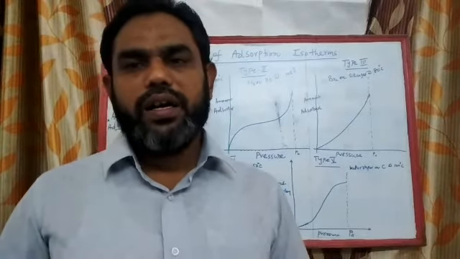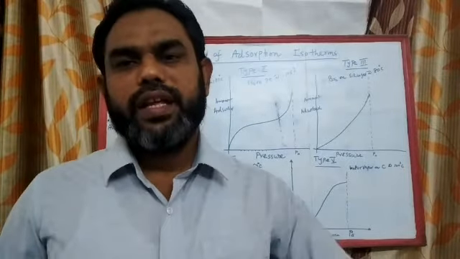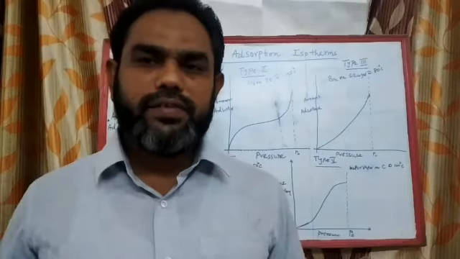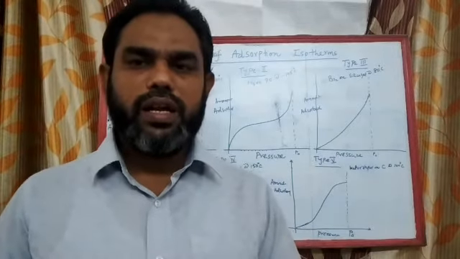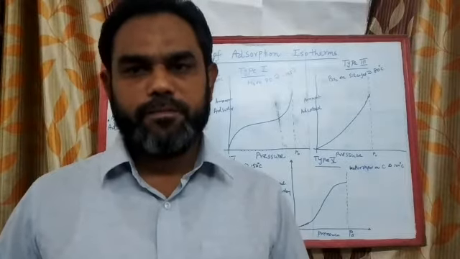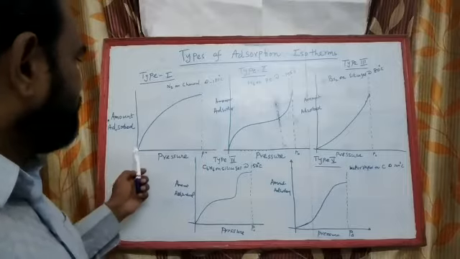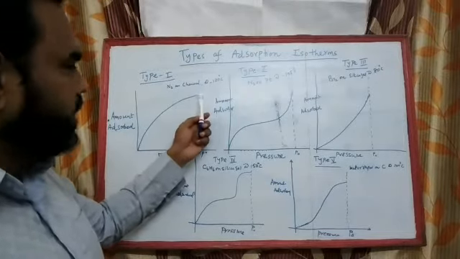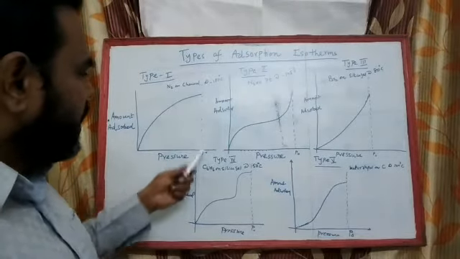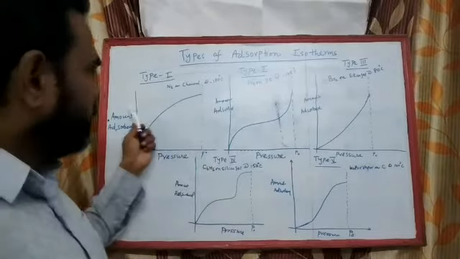In some cases, at saturation pressure, there will be a condensation of adsorbate molecules on the fine or minute holes of the adsorbent. So in this case, the adsorption increases with the increase in pressure and reaches a saturation at a particular pressure, beyond which there won't be any increase in the amount adsorbed.